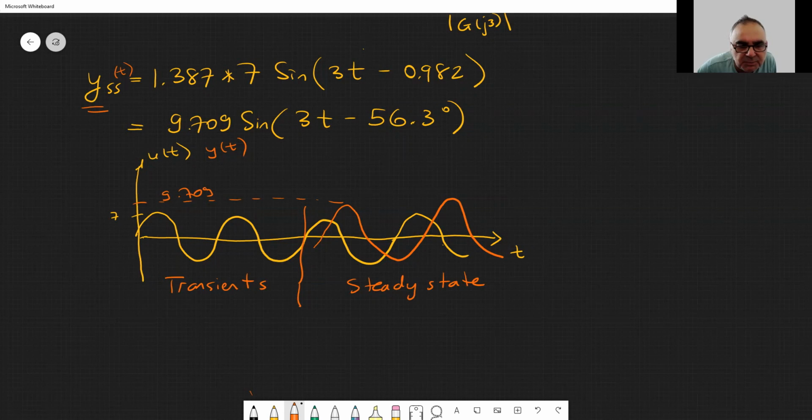For example, between this peak and this peak, there is a difference, let's say, of T_phi, and this phase angle is T_phi over T times 2 pi in terms of radians, T being the period of this thing.